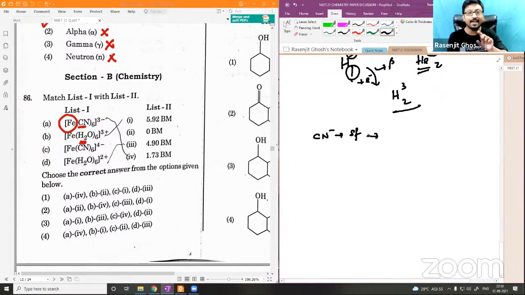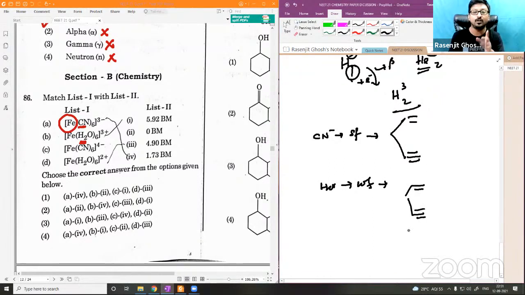So when a strong field ligand binds with a metal, it forms a low spin complex, like this. And when a weak field ligand like water binds, it will form a high spin complex with a low gap. You have to do a little bit of calculation.